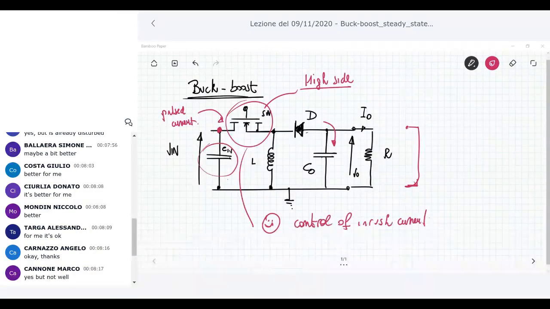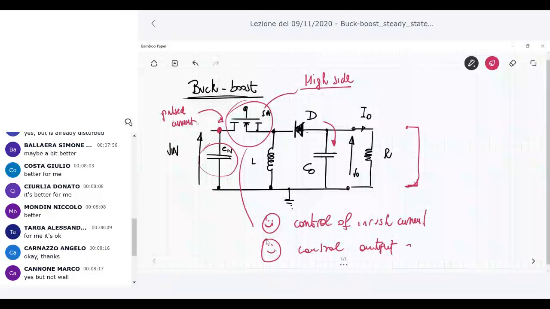So another positive effect is that you can control and manage output curves.